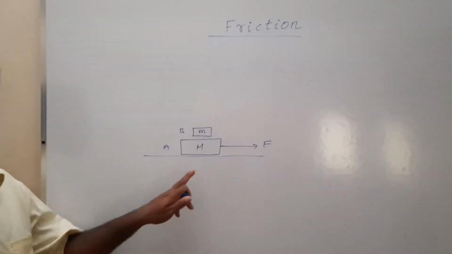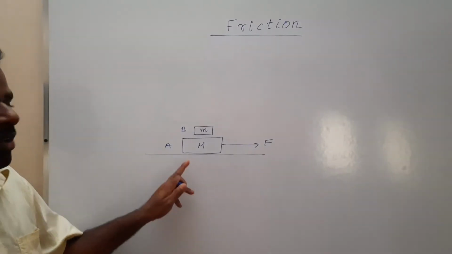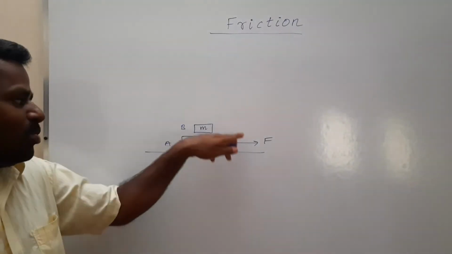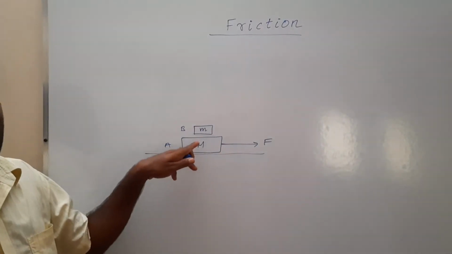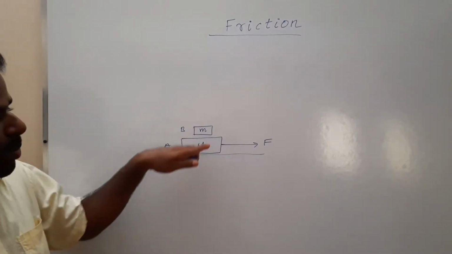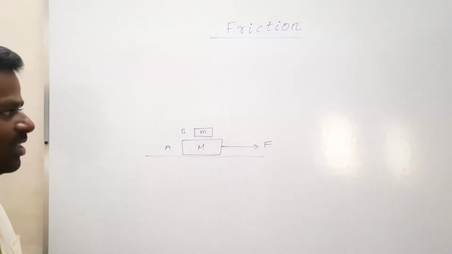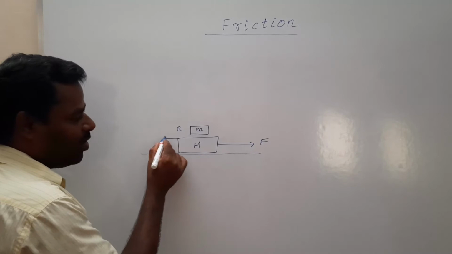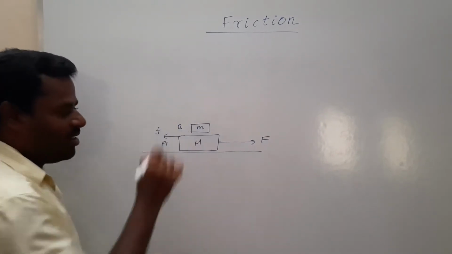As we are applying force on block A, block A tries to move against the surface of block B. Block B will oppose the motion of block A, so block B will exert a frictional force on block A in the direction opposite to the motion.